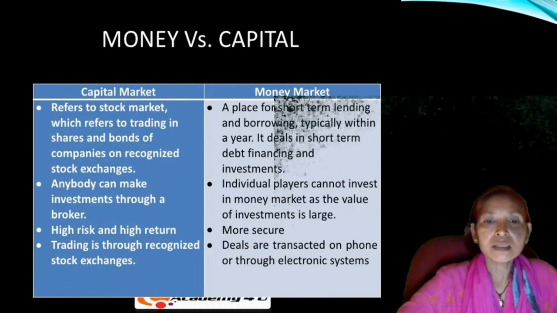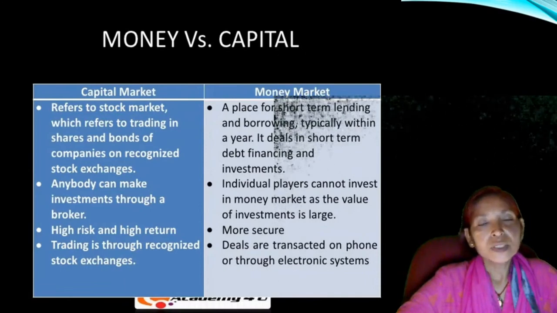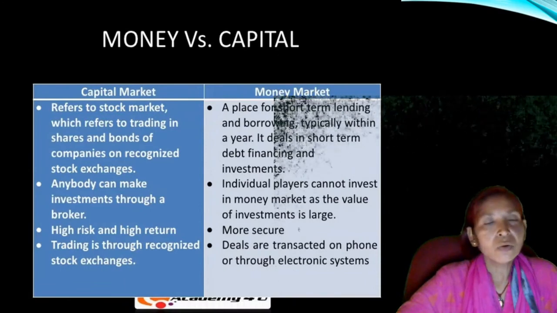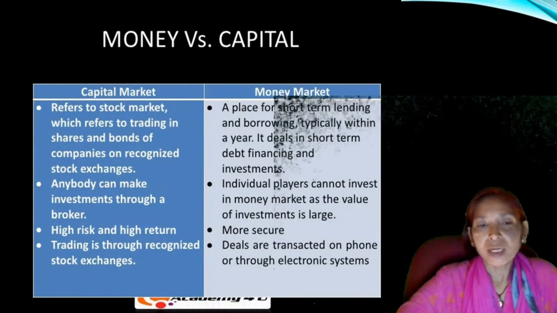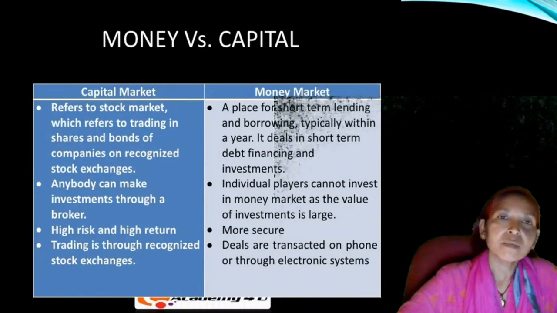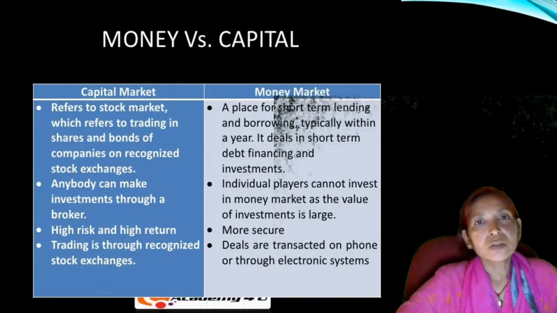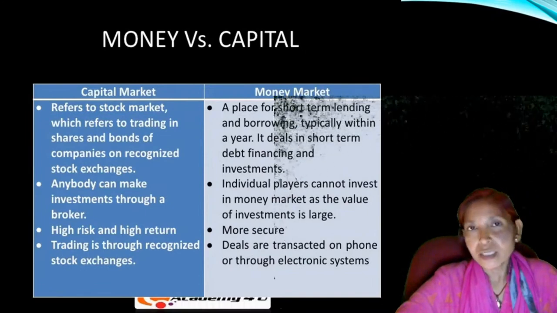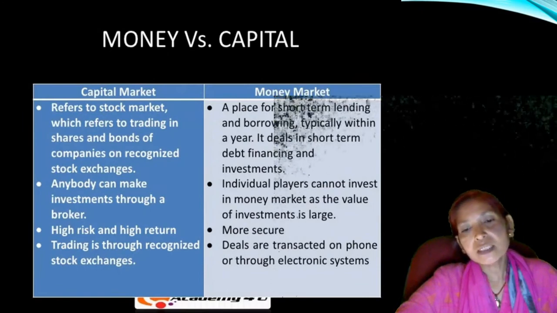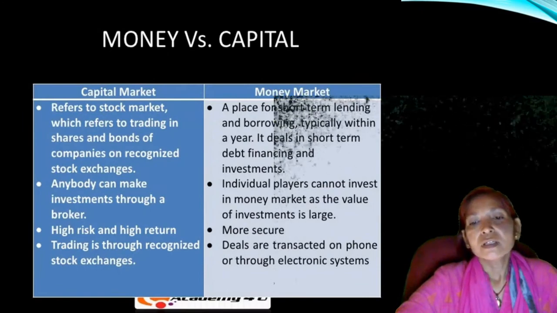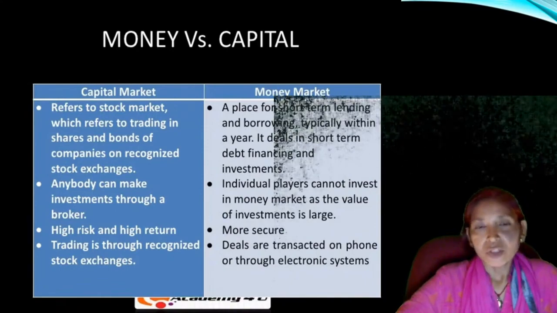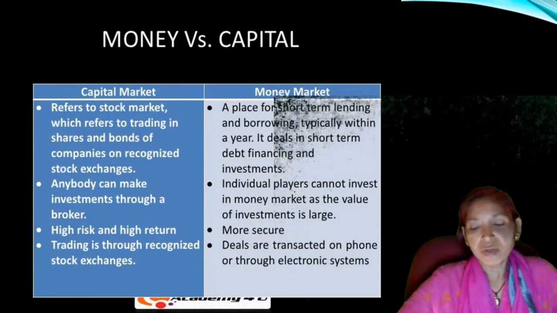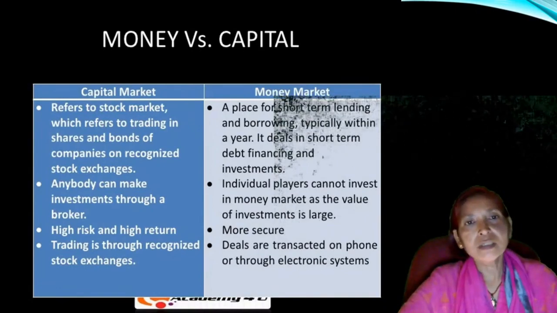And in money market, there is more security. There is no such high risk involved in money market. And in capital market, trading is through a recognized stock exchange, and the money market deals are transacted on phone or through electronic systems. So this is the basic difference between money market and capital market.